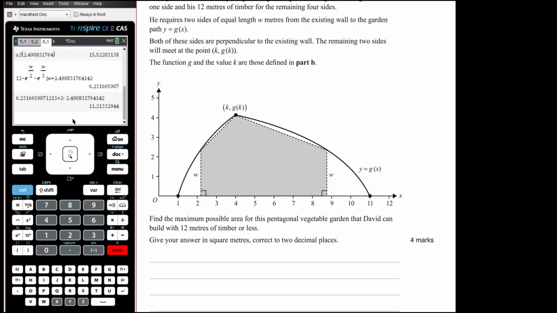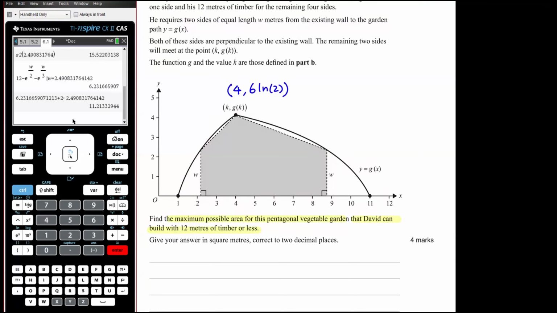Both of these sides are perpendicular to the existing wall. The remaining 2 sides will meet at the point (k, g(k)). Right. This is (4, 6 natural log of 2). Find the maximum possible area for this pentagonal vegetable garden that David can build with 12 meters of timber or less.